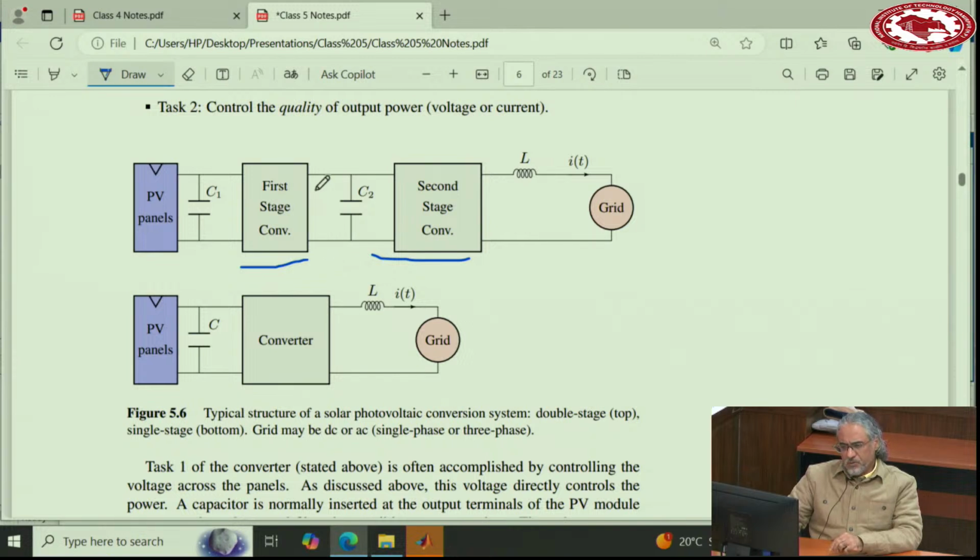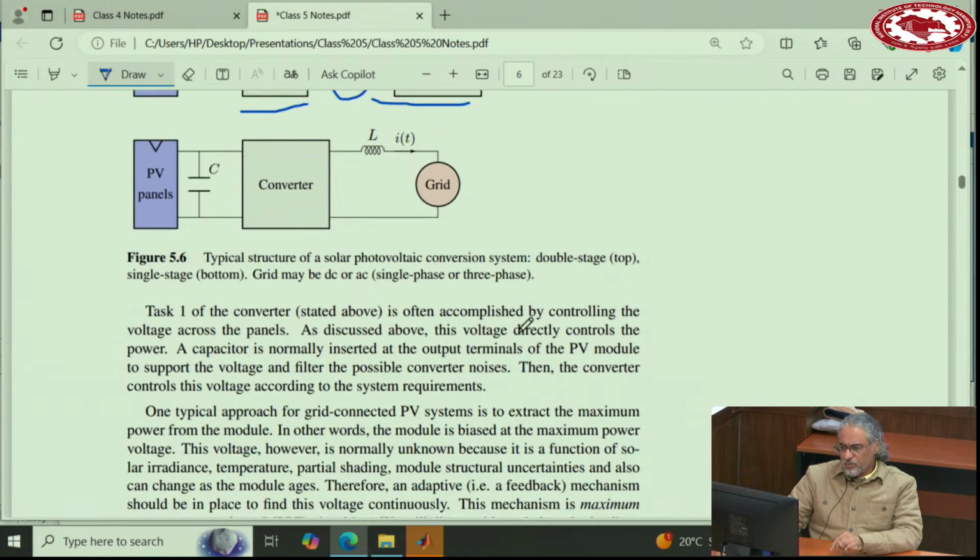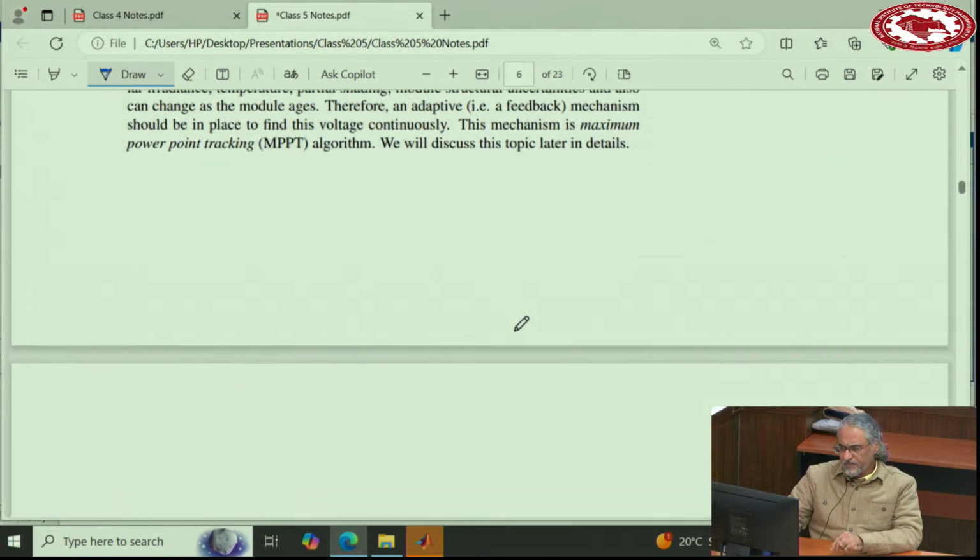But anyway, we can use the same terminology here. This is called the DC link or intermediary link, and this is obviously the voltage across PV, and this is the grid side. It could be grid or load, but for single stage you do not have this intermediary link here. Okay, so these are two topologies that we have.